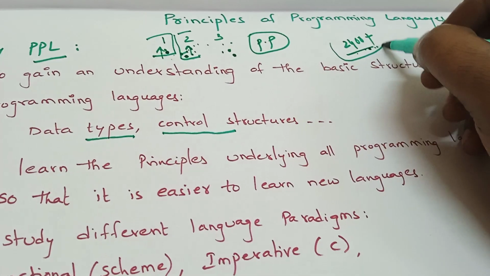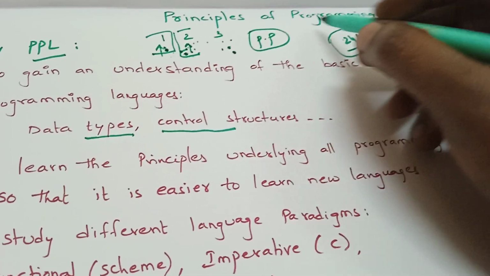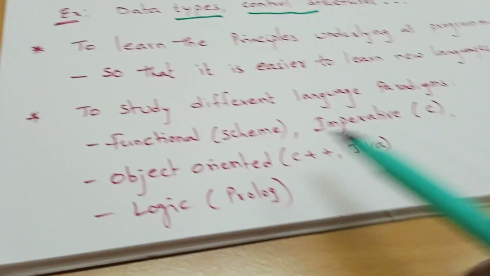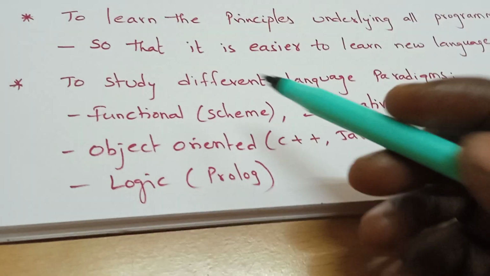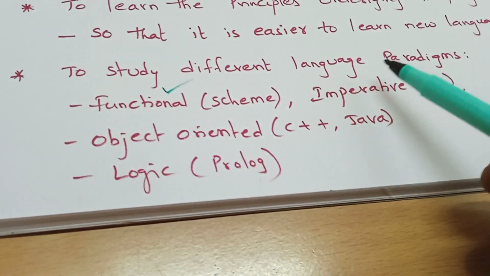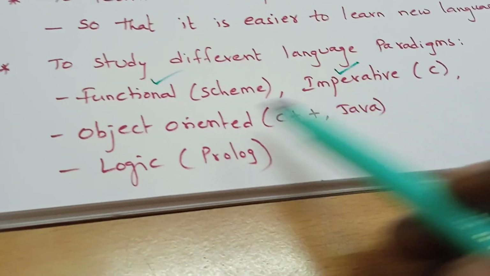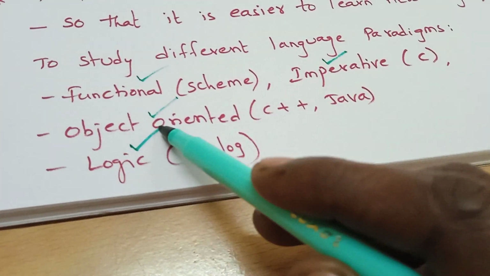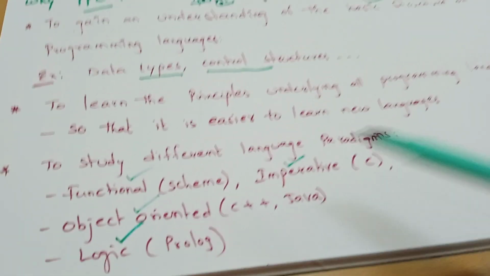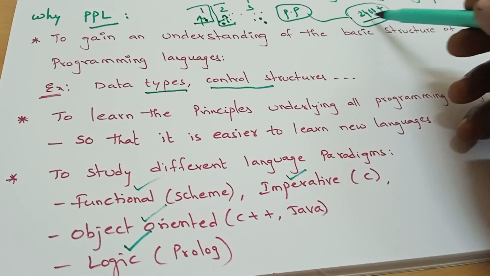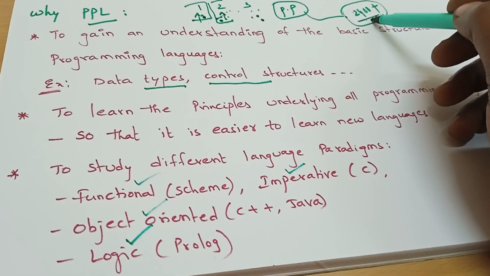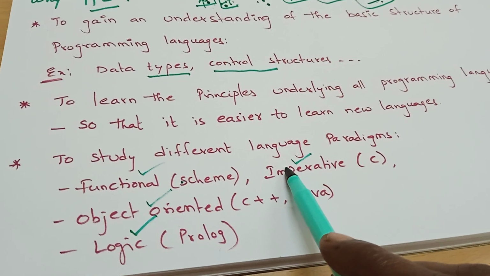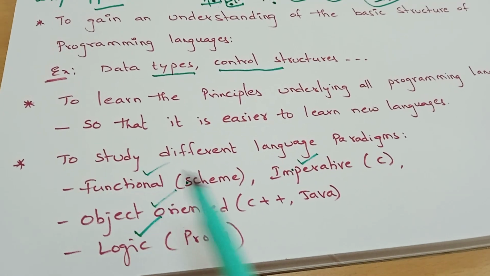All these languages belong to different programming categories: functional programming languages, imperative programming languages, object oriented programming languages, and logic programming languages. So whichever language you look at in the figure, it will belong to one of these categories.